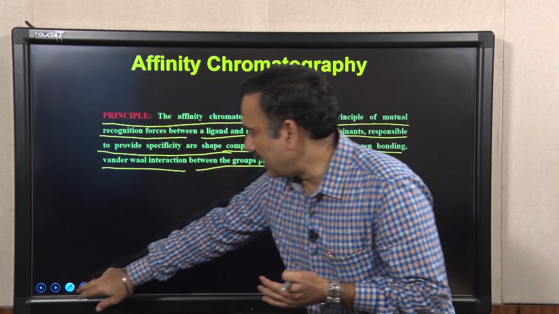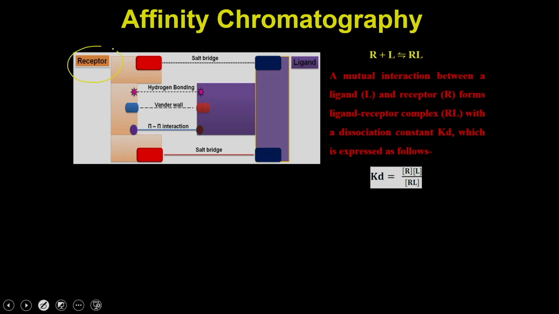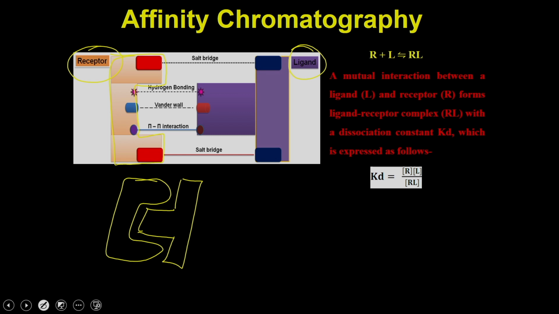Let us take an example and understand this phenomenon. You can imagine that we have a receptor and a ligand. The first thing that brings the receptor to its ligand is shape complementarity, which means the receptor, which maintains a particular shape, is looking for a ligand with a completely complementary shape. For example, if I have to design a ligand, I will design one that is completely complementary in shape.